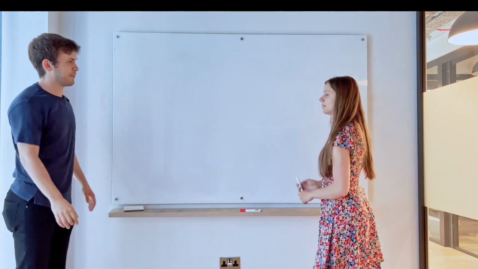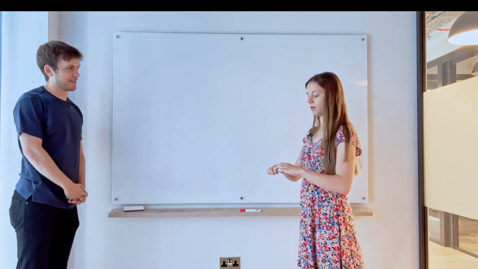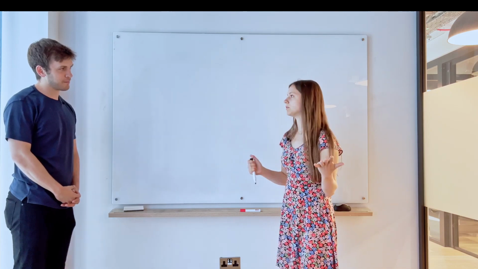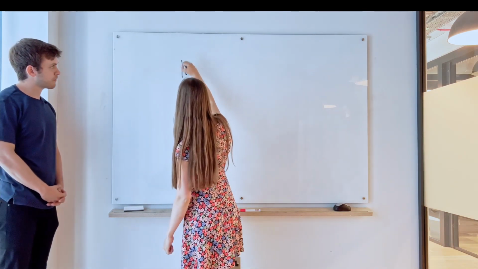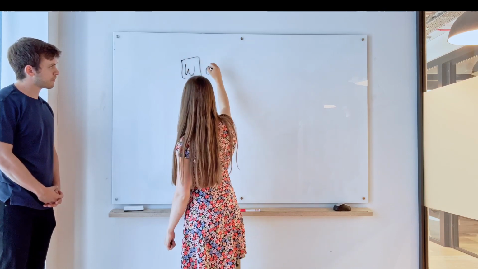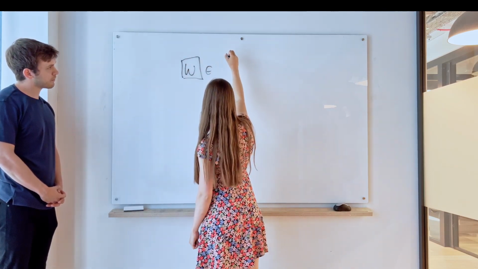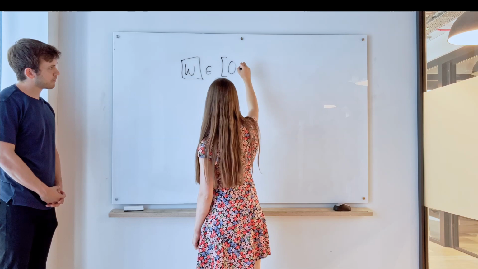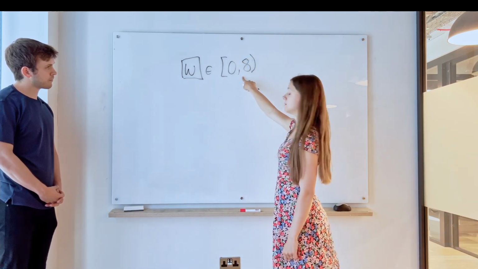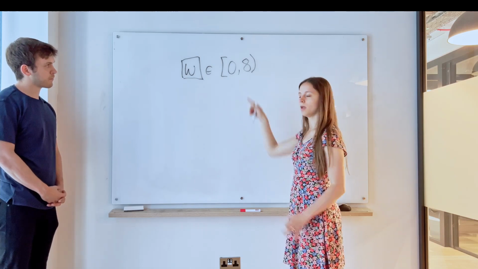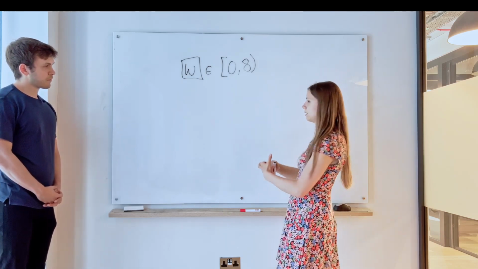So Mary, what's a lookup argument? So before I said that we want to prove that we have a private W, which is included in some set 0 through 8. This set is public. So what we can do is we can pre-commit to it.